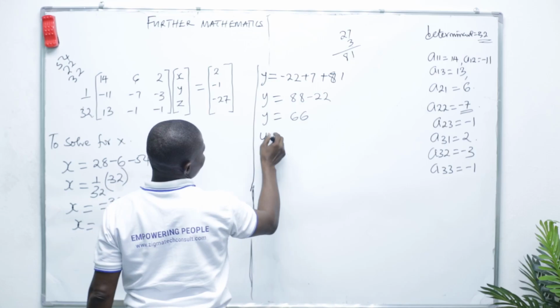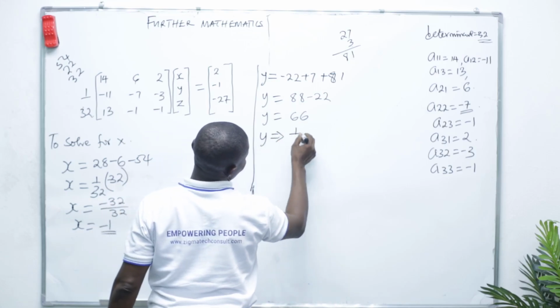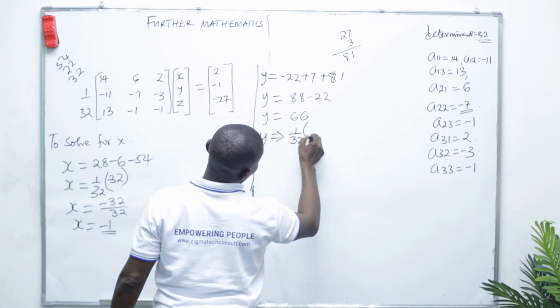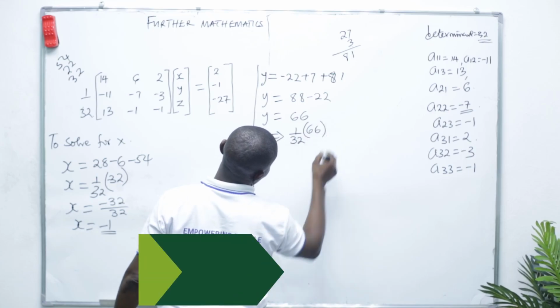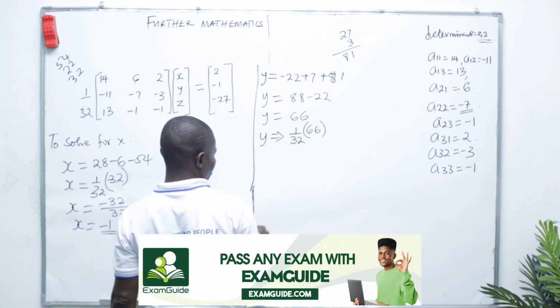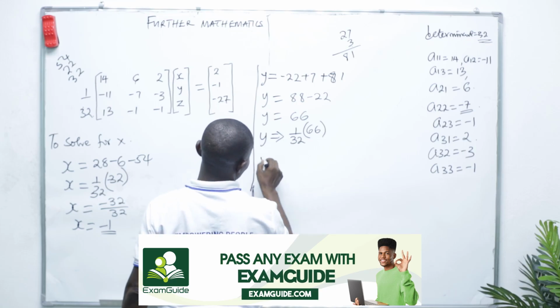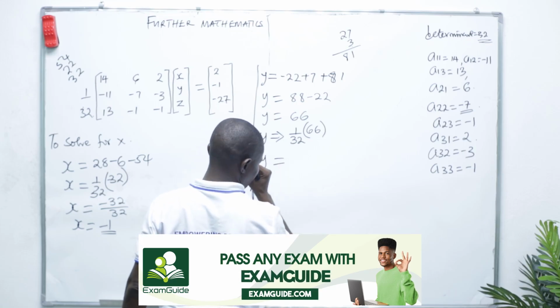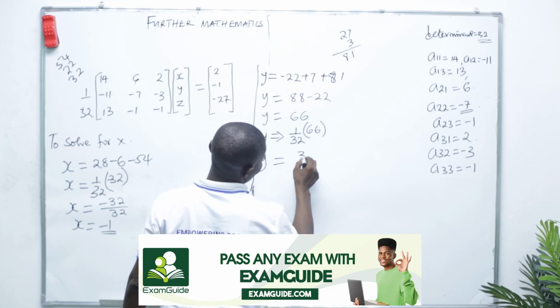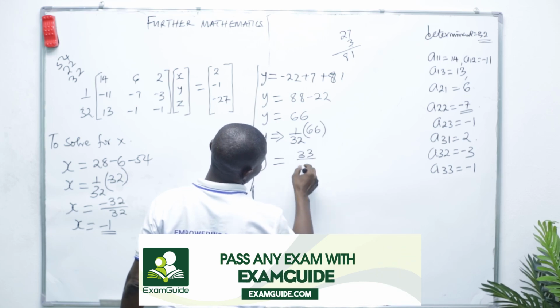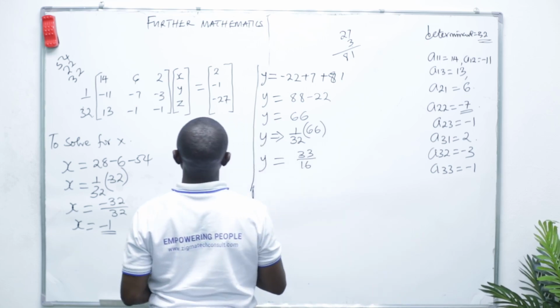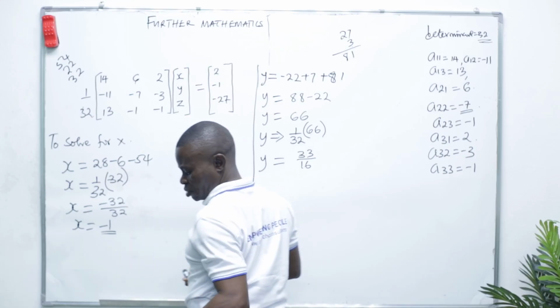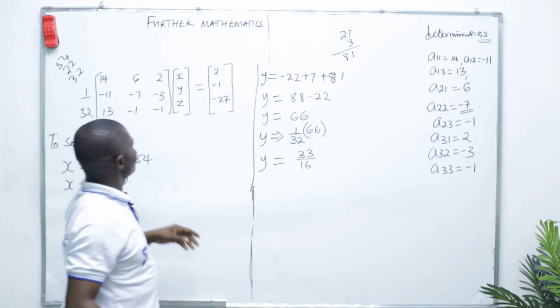So now y implies the determinant multiplied by 66. Y equals 33 all over 16. Anything wrong with y?